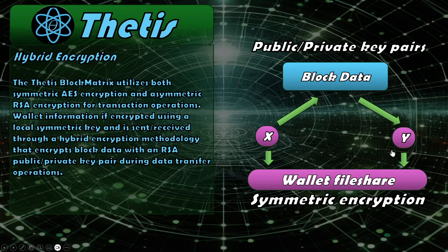Y has the private key of the public-private key pair. Y will then decrypt what I'm sending to him with his private key. Then Y, after he has his decrypted information, shoves it into his wallet file share with symmetric encryption. So it's an ecosystem where anything that I own is encrypted with my symmetric encryption, and anything that I'm sending is using asymmetric encryption to send it between two nodes on the network.